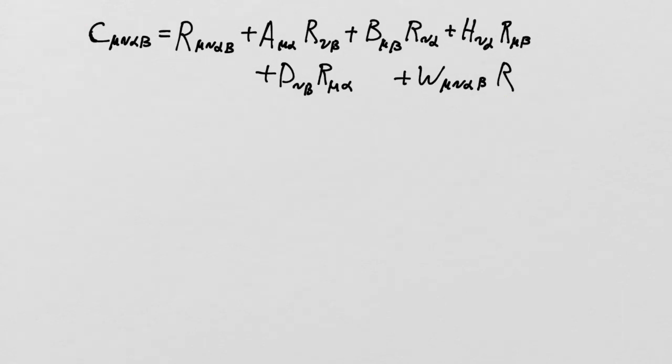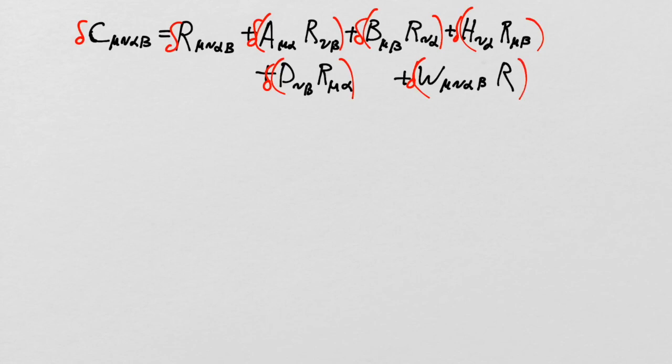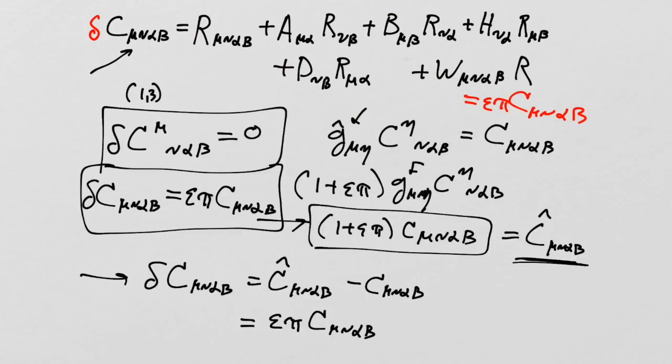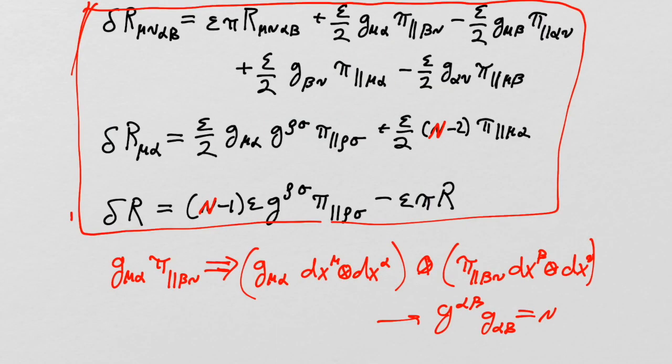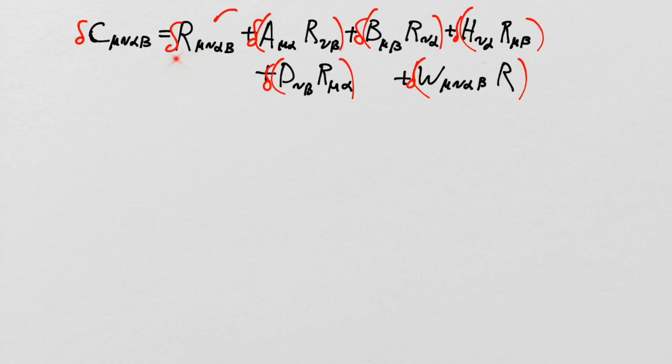So the good thing about variations is the variation on this side is equal to the variation on this side, right? So the variation goes like this. Variations are very similar to derivatives. Now, this variation we know, right? Because we calculated it way back here. So we've already got one of the variations. So we're going to end up substituting this big mess right here, right in there when the time comes. What about these two? Well, the variation of a mu alpha r nu beta is just like a derivative.